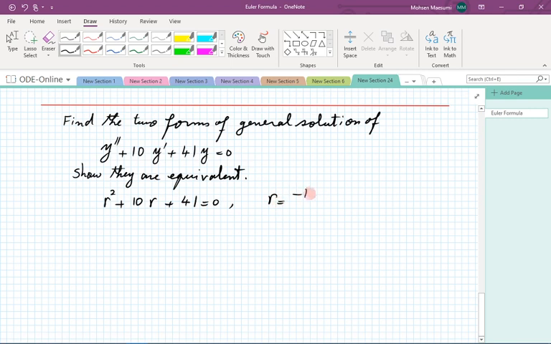So that's minus 10 plus or minus the square root of 10 squared minus 4 times 41. So what do I get? r is equal to minus 10 plus or minus the square root of 100 minus 164.